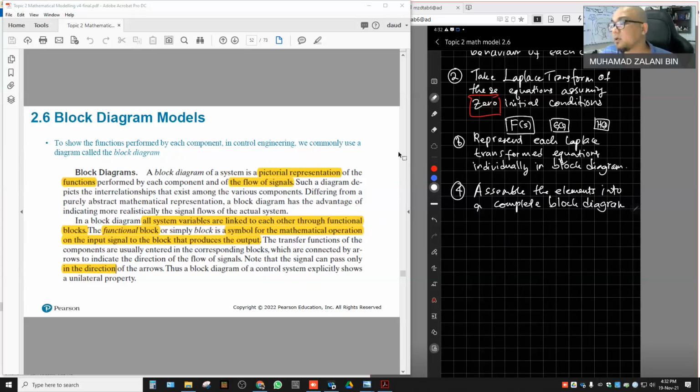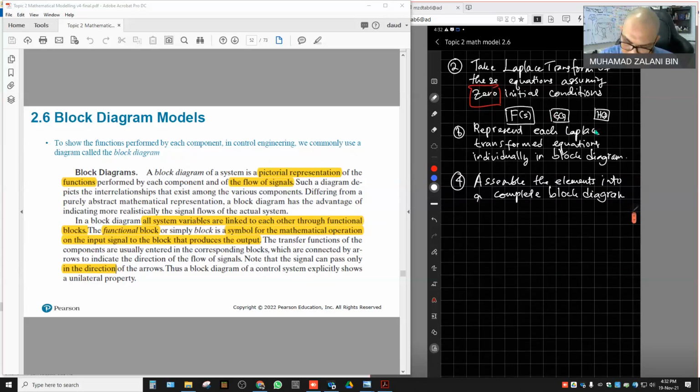So we have these Fs, Gs, and Hs. Let's say Gs represents the process, actuator, something. Hs represents the controller, for example.